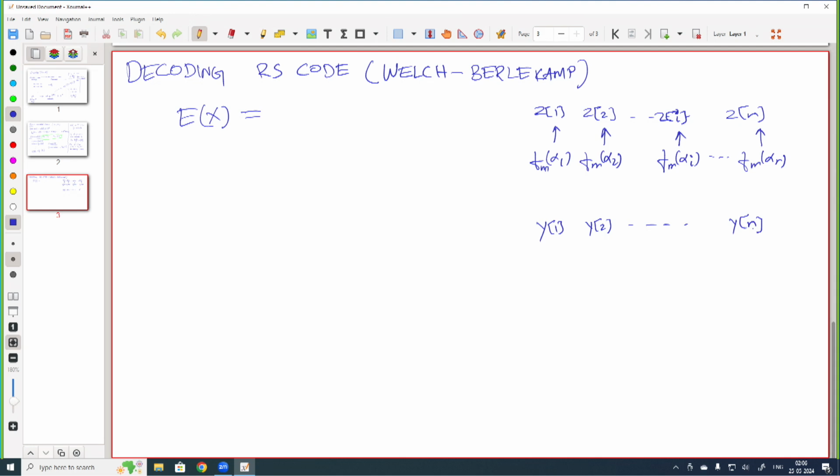And because there were at most E errors, the number of positions where y and z differ is at most E, right. I do not know where they differed, but I know that it is at most E. So, let us say that they differ in positions alpha j1 to alpha jE, right.